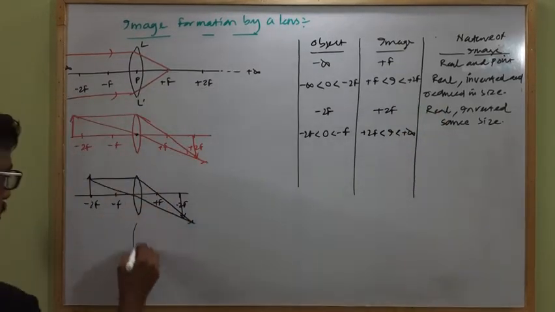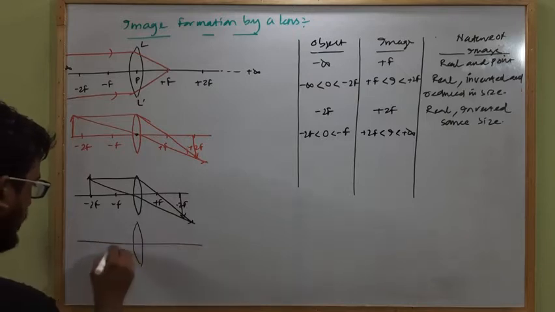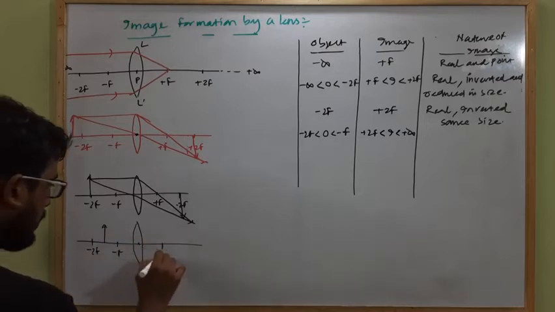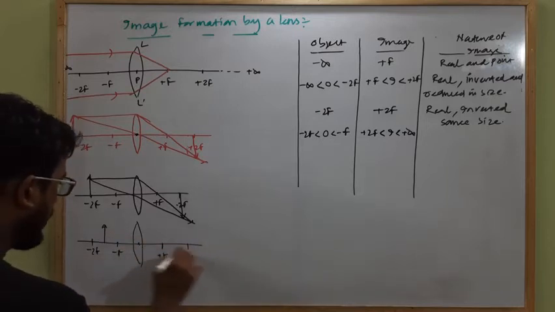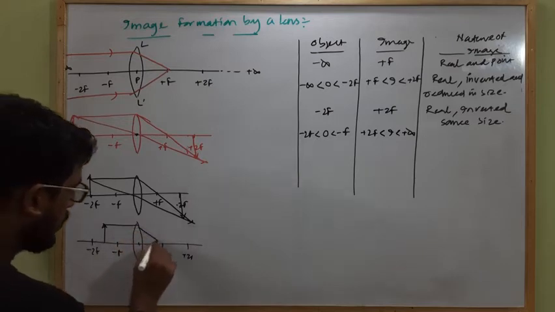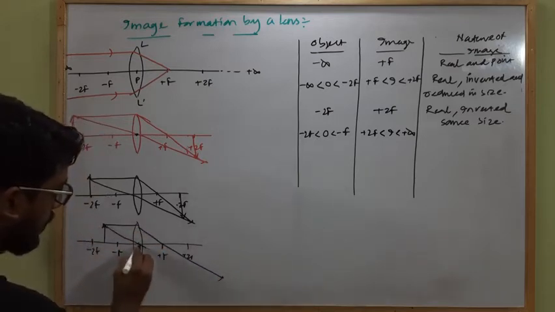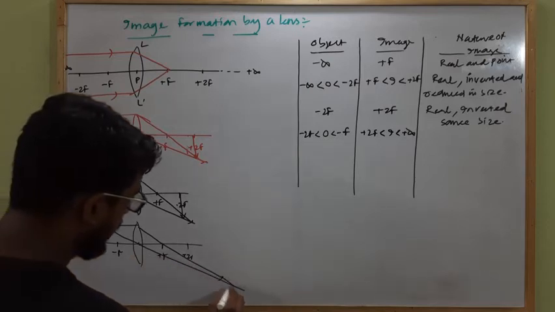So like this, when object is in between minus 2f and minus f, this is plus f, plus 2f. So now the image will be in between plus 2f and plus infinity, like this.